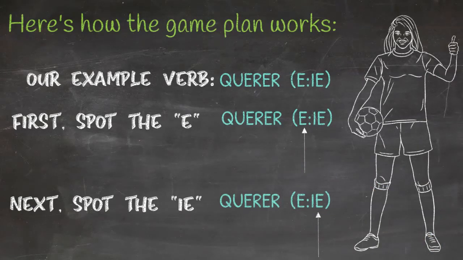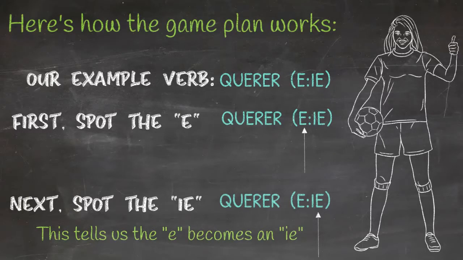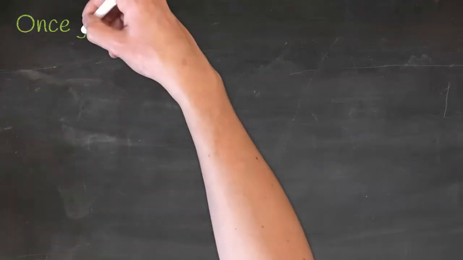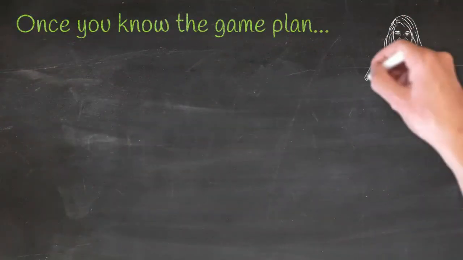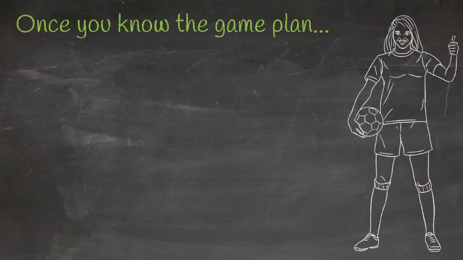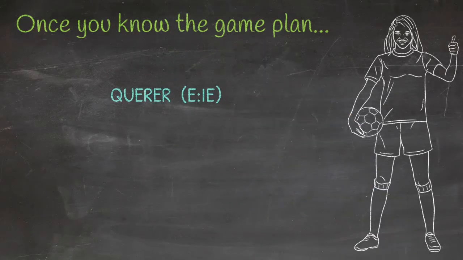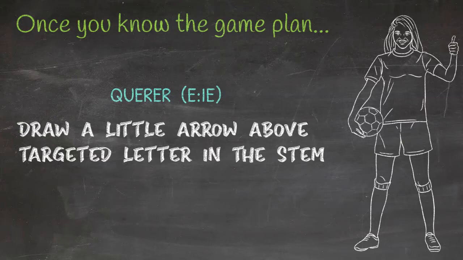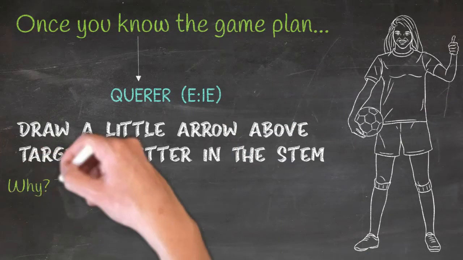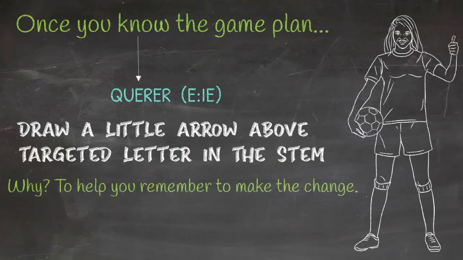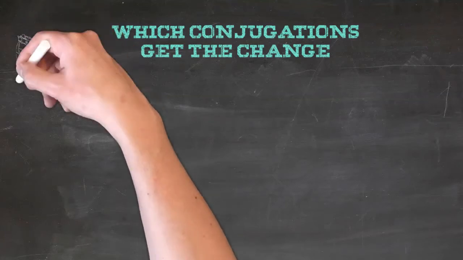Once we do, we're going to change it out for an IE. That's how the game plan works. When we do it on paper, we typically will draw an arrow above or below, just to remind ourselves that we need to swap out that letter.